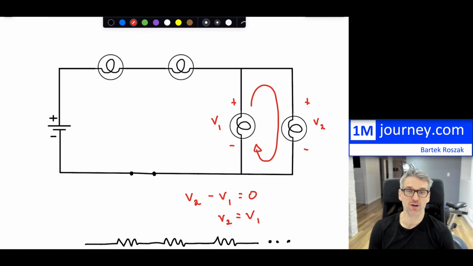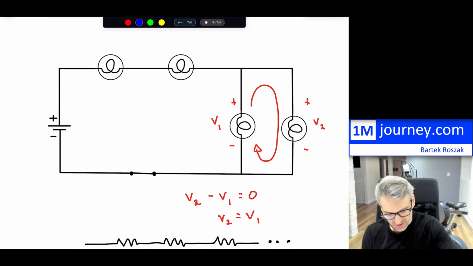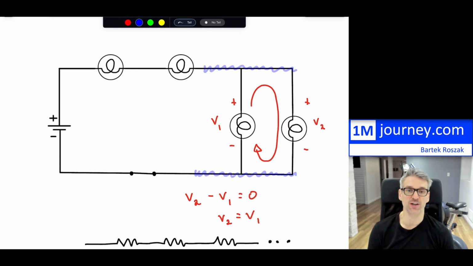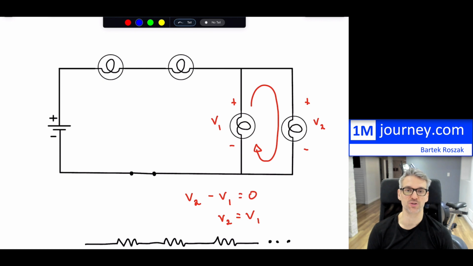So in parallel, it doesn't matter how many things you have connected, from Kirchhoff's voltage law we notice that the voltage across here is going to be identical to the voltage across here. And indeed, this entire thing is just one node, and so is this. So that's just one junction that we have, and it's going to have the same identical voltage drop.